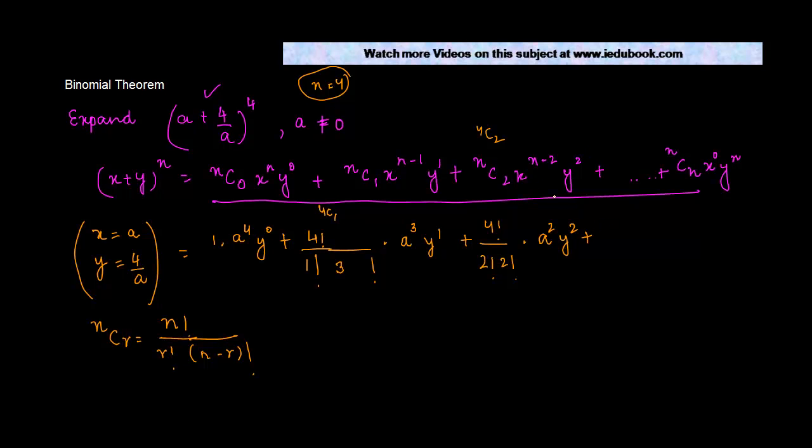Then we get nC3, which is 4C3. This will be factorial 4 upon factorial 3 into factorial 4 minus 3, or 1, into a to the power 4 minus 3, which is 1, into y to the power 3, plus. The next one is 4C4, which is basically the last term, because nCn is the last term.